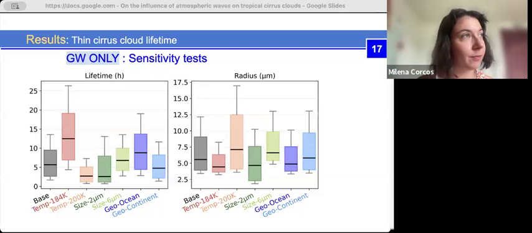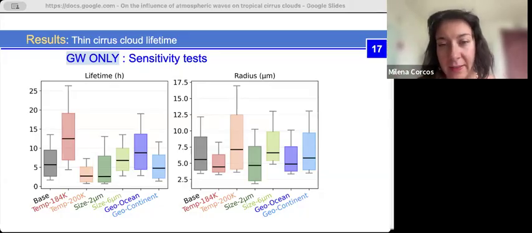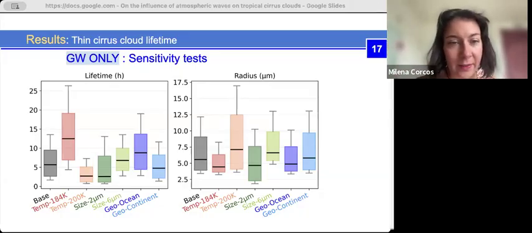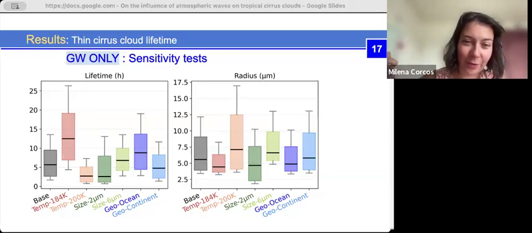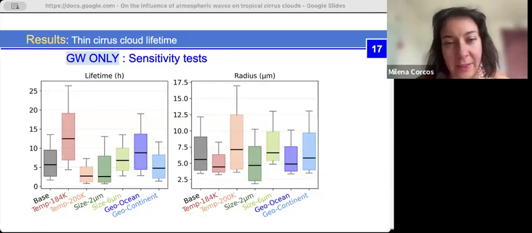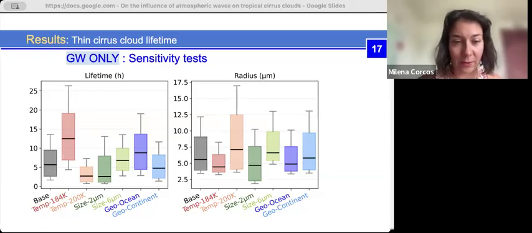Size, we changed the mean initial ice crystal radius. And then geo, ocean, and continent test different gravity wave activity. Ocean is for a quieter environment, so less strong gravity wave fluctuations. And continental is the reverse, more active. And this was based on the Strateole-2 observations.